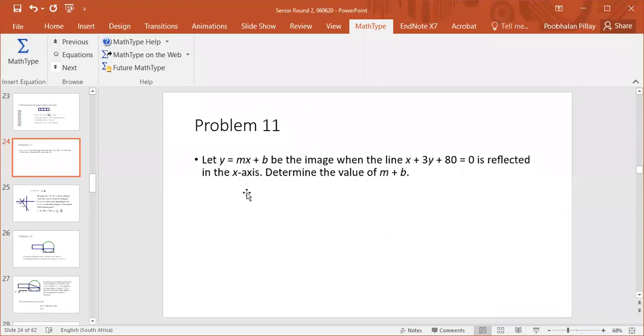Determine the value of m plus b. This is a problem on graphs. So there is a kind of geometrical picture about this, and there is a graph, and there's a straight line.